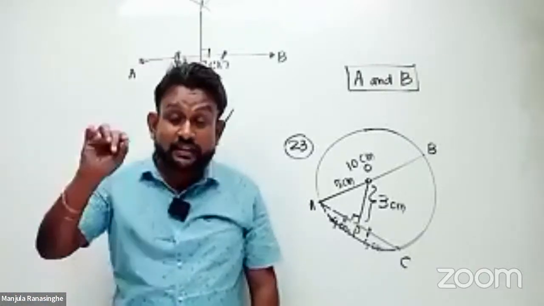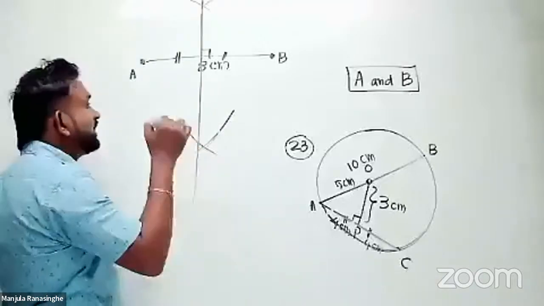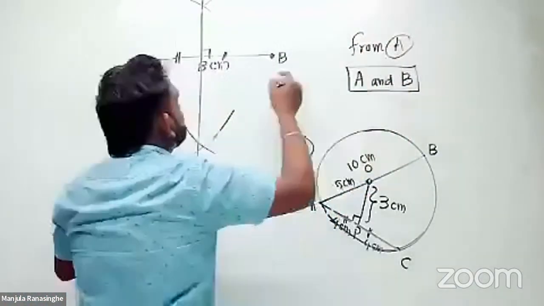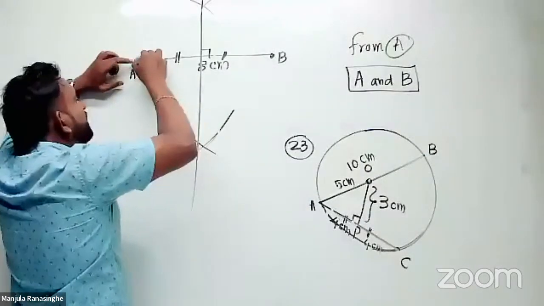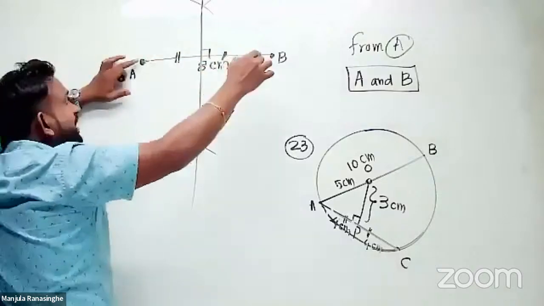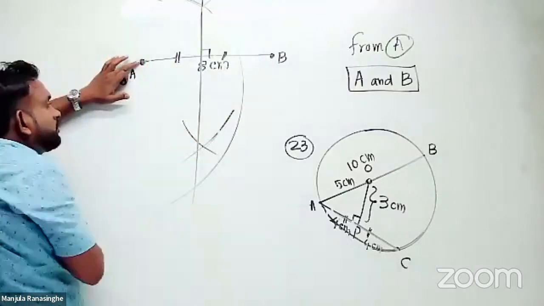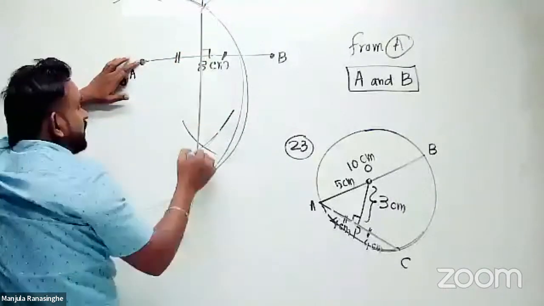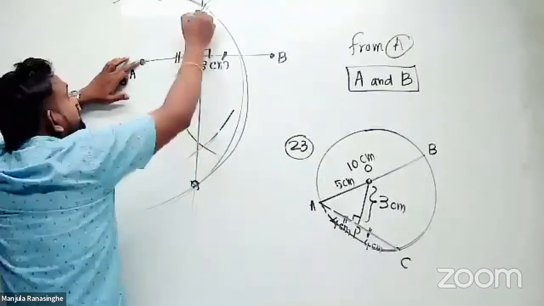Points 6 centimeters away from A. A point equidistant from a certain point is a circle. So now you set 6 centimeters on the compass and make a circle. Then that circle intersects the first locus at two points.